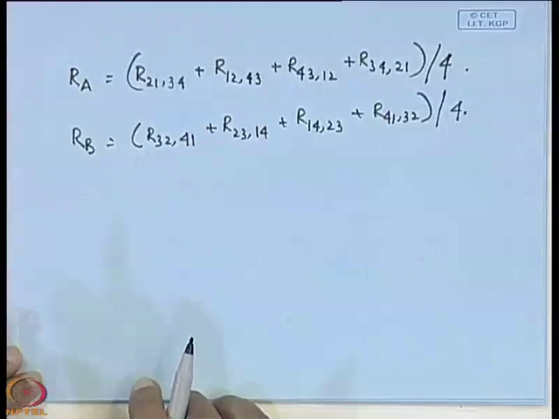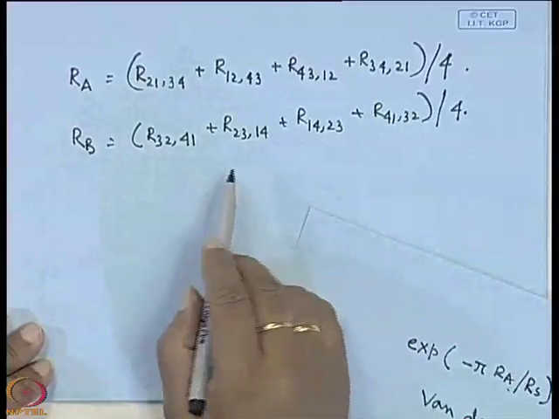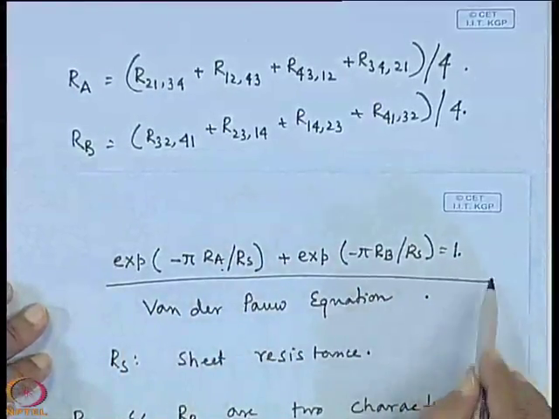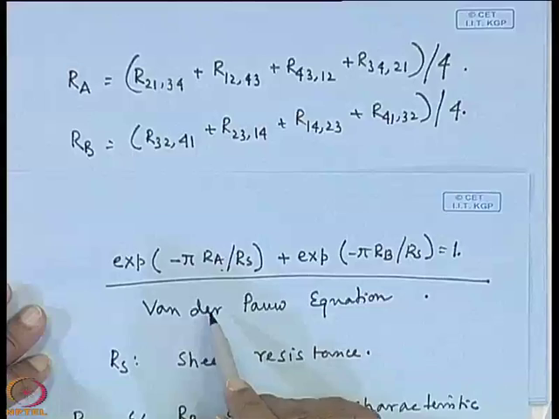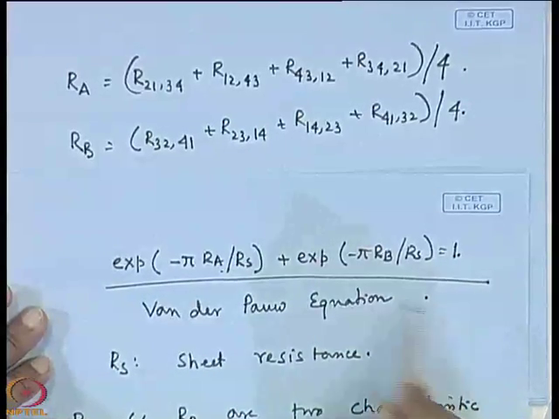Right. So, if you know RA and RB, you can use this expression to calculate the sheet resistance using the Van der Pauw equation. That means you have to solve it numerically, otherwise how will you solve it.